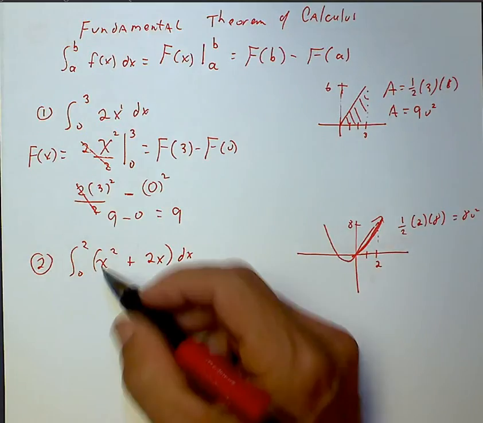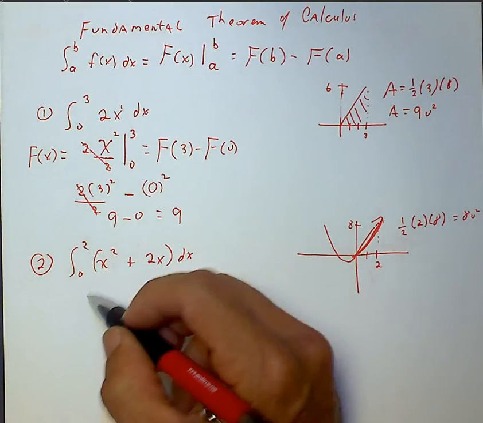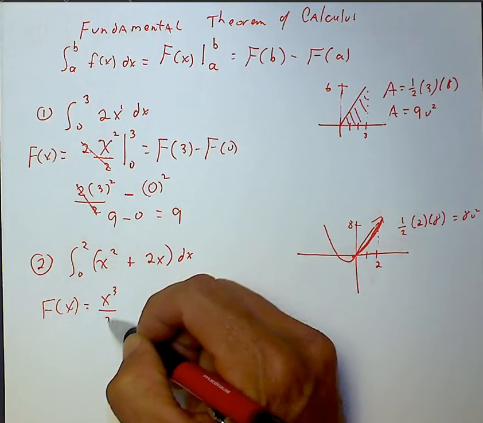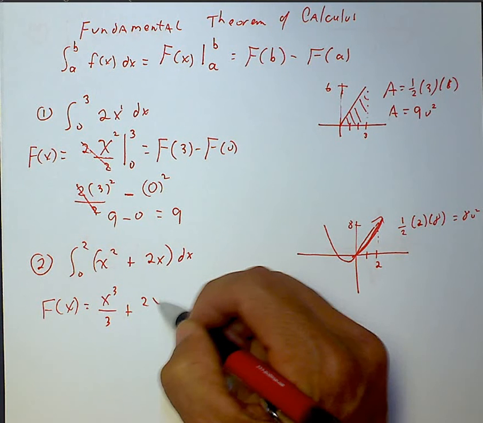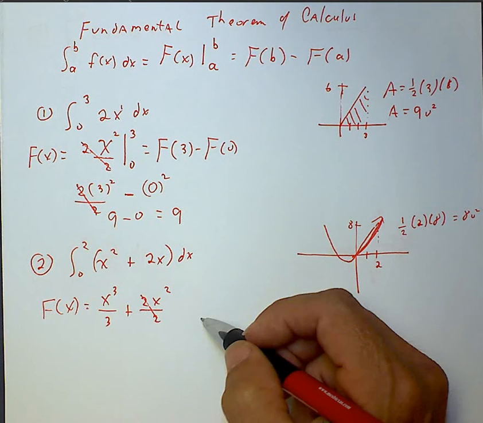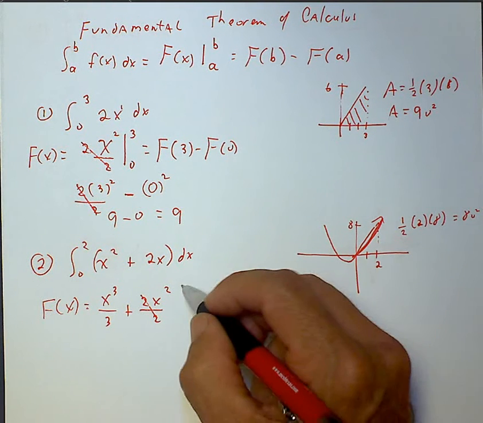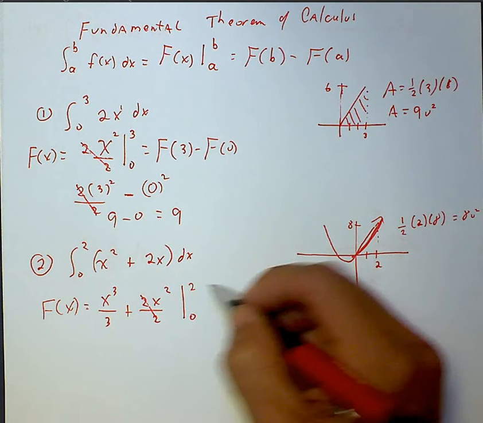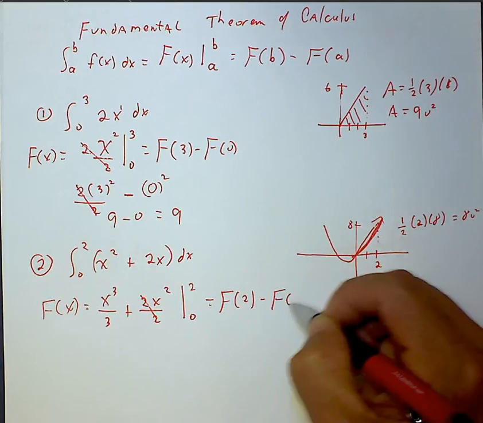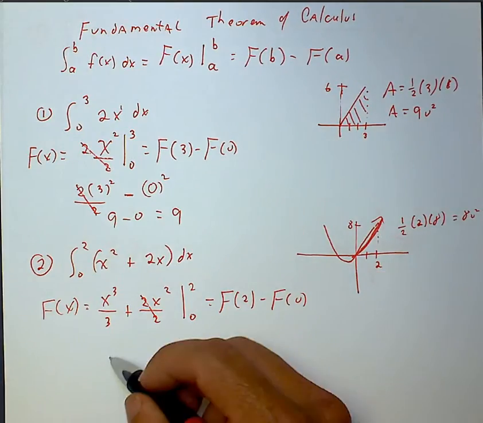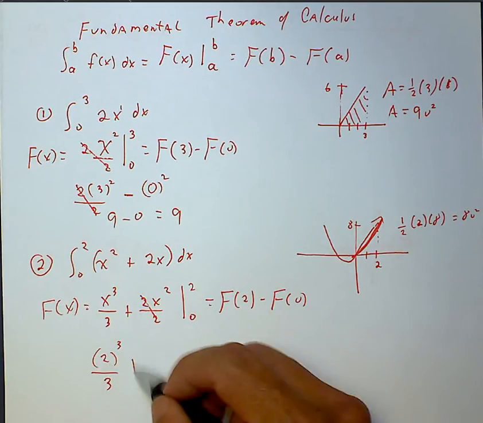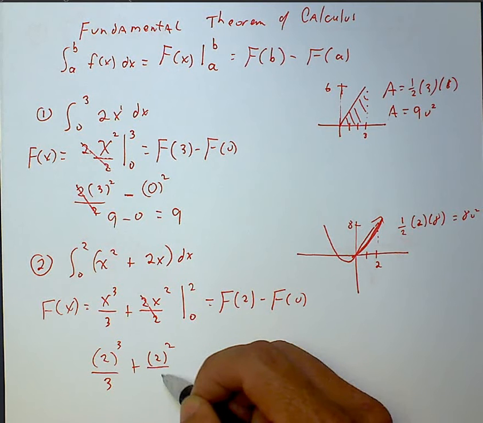So we're going to integrate each piece. And so that's going to be x cubed over 3 plus 2x squared over 2. They will cancel. So there's my equation right there. And I want to evaluate that from 0 to 2. So what I'm saying is that I want F of 2 minus F of 0. Well, F of 2 is 2 cubed over 3 plus 2 squared over 1.